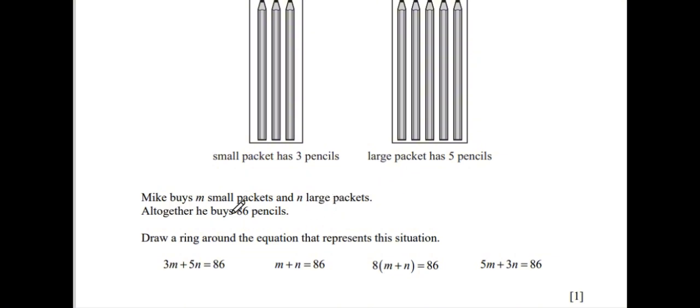Altogether, he buys 56 pencils. So draw a ring around the equation that represents the situation. It's very simple. M small packs means 3M, plus N large packs contains 5, so we have 5N to give us 56.